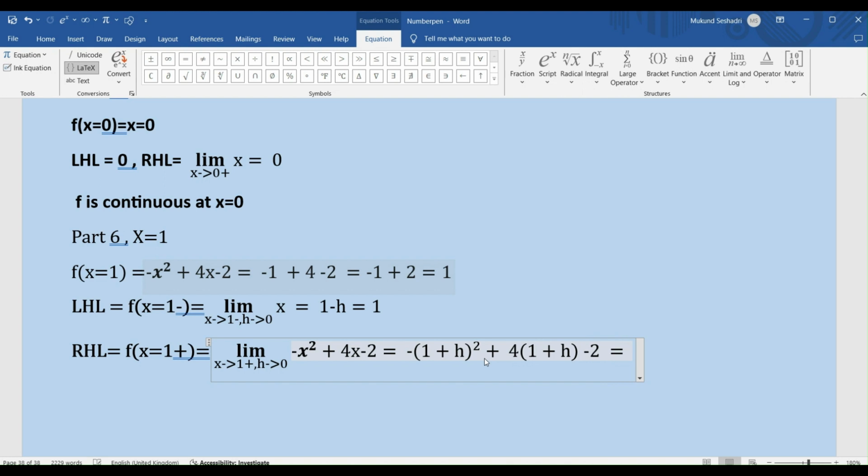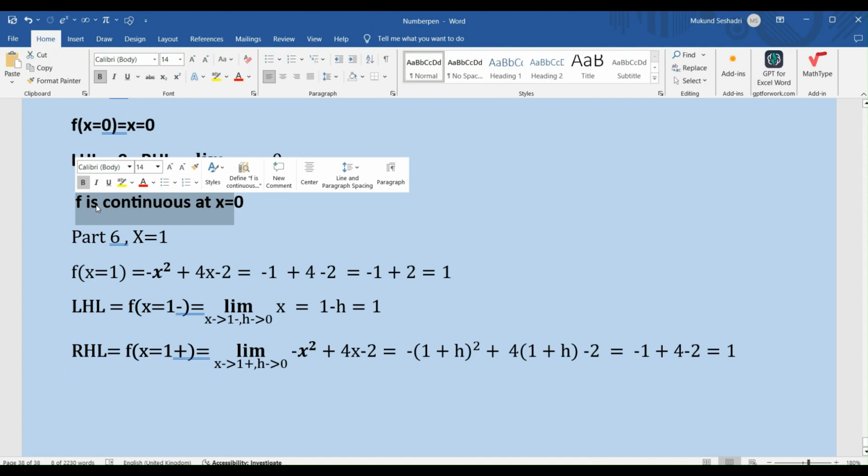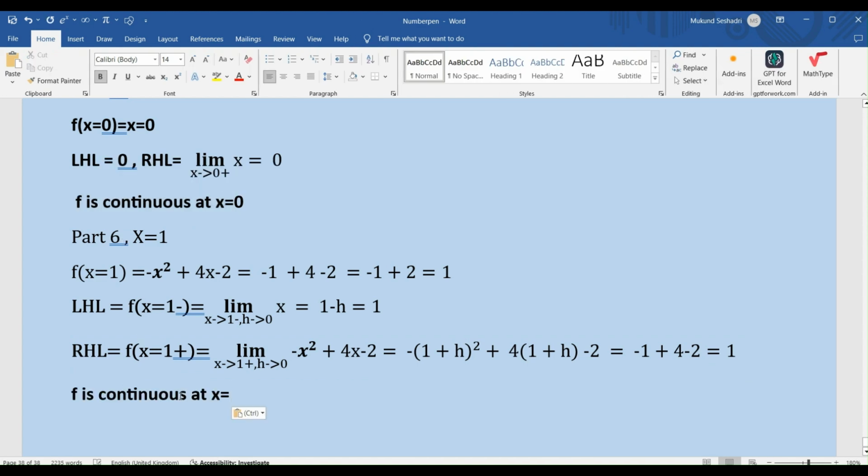My h is infinitesimal, and therefore it is minus 1 plus 4 minus 2, which is 3 minus 2, which is 1, right? So at the point 1, I have my f of x, which is 1, my LHL, which is also 1, and my RHL, which is also 1. Therefore, I can conclude that my f is continuous at x equals 1. So we are good so far.